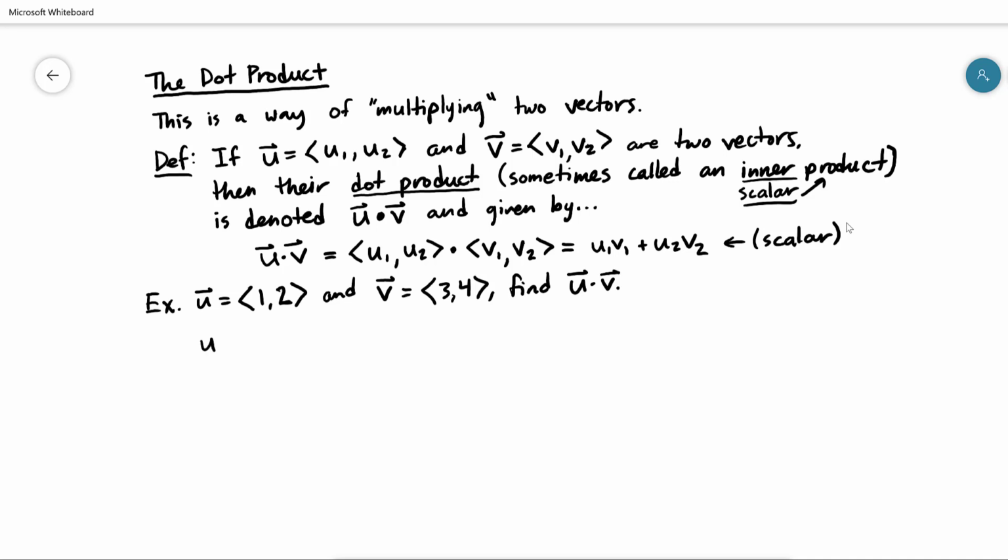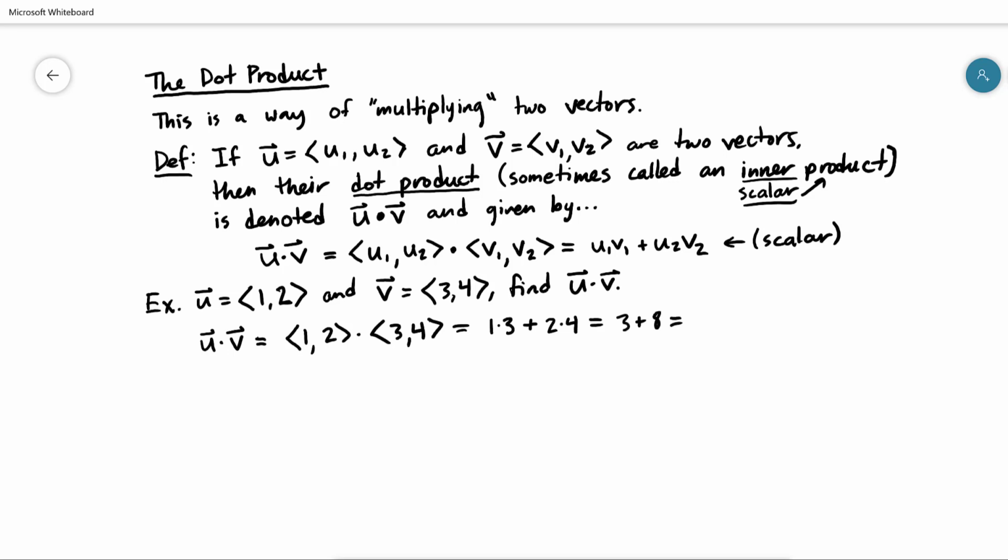So what we get when we do u dotted with v is the vector 1, 2 dotted with the vector 3, 4. We multiply the first components, so the first component of the first vector is 1, the first component of the second vector is 3, so 1 times 3, and to that I add the product of the second components of the vectors, 2 and 4. So 1 times 3 is 3, 2 times 4 is 8.